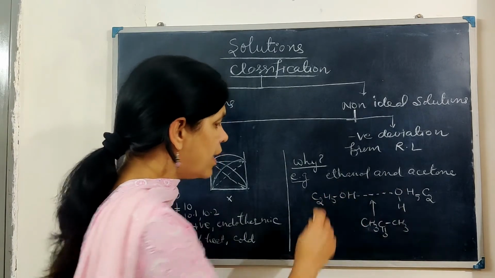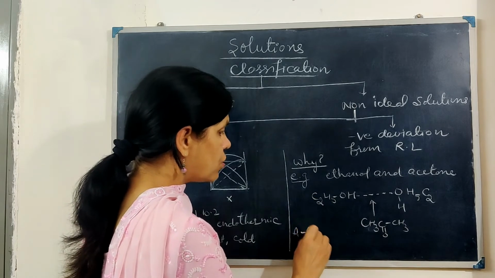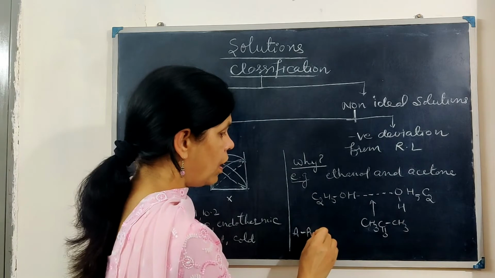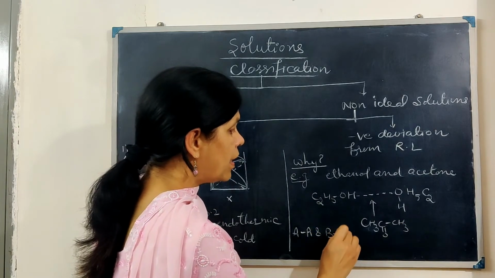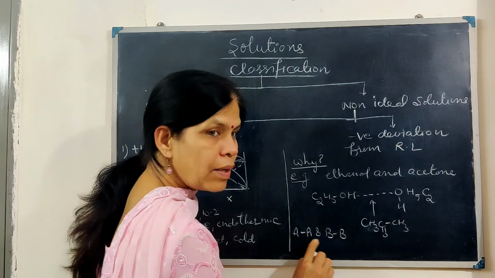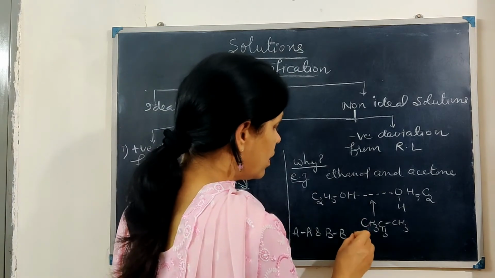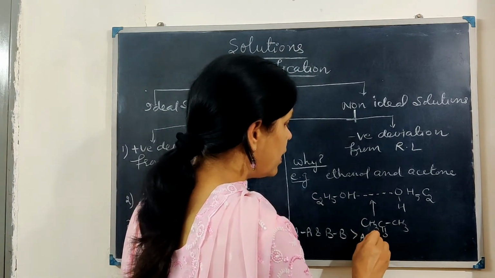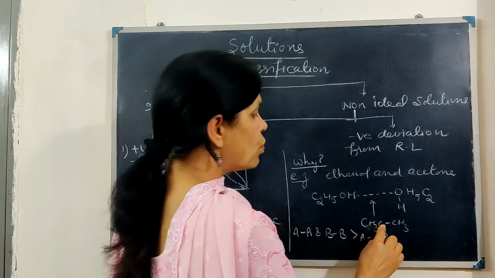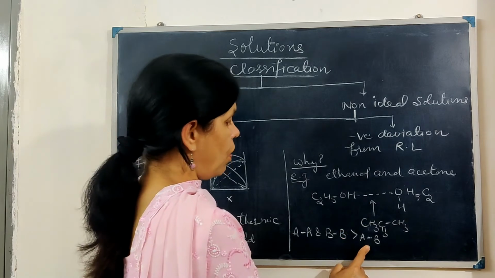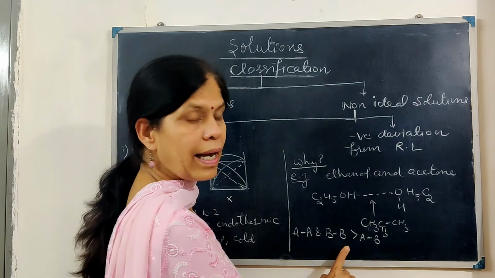So shall I say AA interactions means solvent-solvent interaction, which is between ethanol and ethanol, and BB interaction. AA and BB interactions in this case are greater than AB interaction. Final force of attraction between acetone and ethanol is not as strong as in the case of AA and BB.